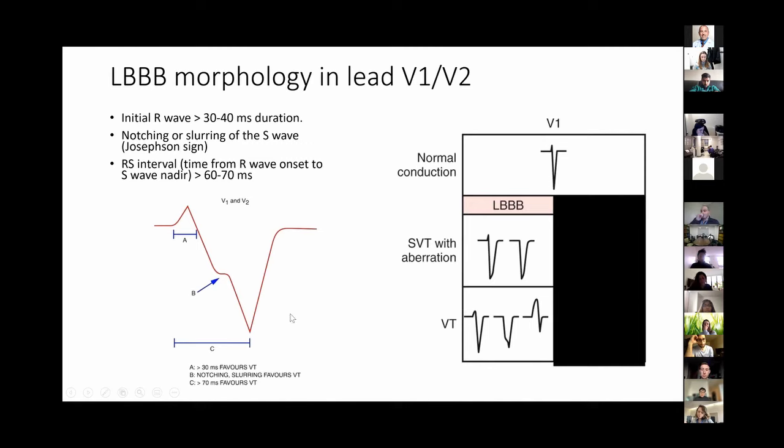Now, don't get confused with the R to S of 100 that I told you about a little bit earlier. That R to S of 100 was referring to any QRS in any precordial lead. This is particularly only if you have left bundle branch morphology in leads V1 and V2. So these things suggest VT.